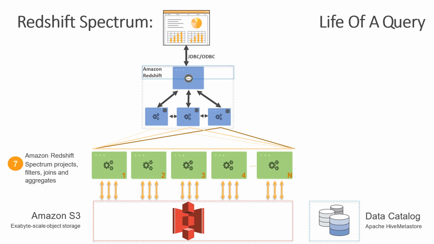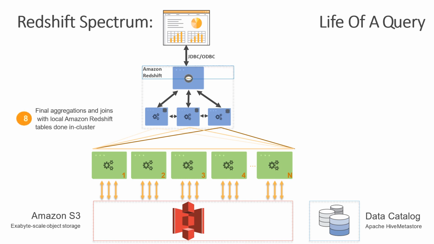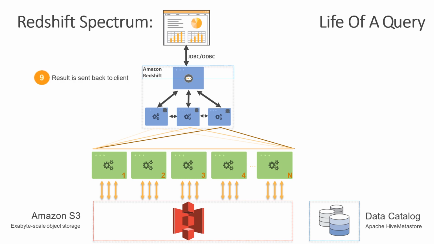In step 7, Amazon Redshift Spectrum filters, joins, and aggregates. In step 8, final aggregations and joins with local Amazon Redshift tables are done in the cluster. In step 9, the result is sent back to the client.